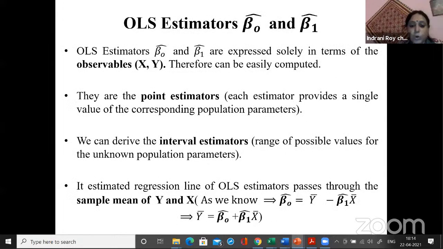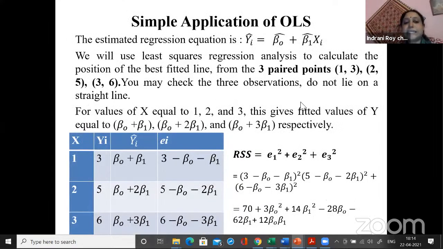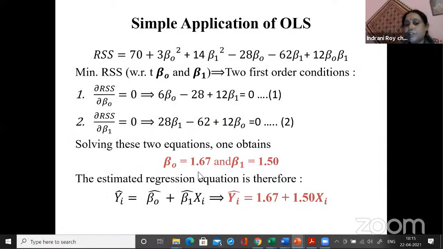Now suppose this is your regression equation. You have derived beta naught hat, which is 1.67, and beta 1 hat, which is 1.50. So the regression equation is 1.67 plus 1.50 xi. Once these beta naught hat and beta 1 hat are estimated, you claim a unique line as your regression line.